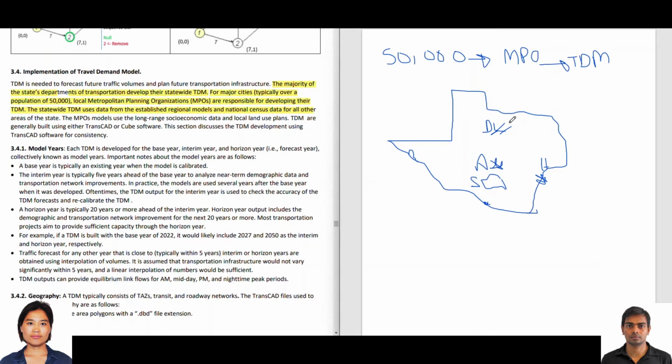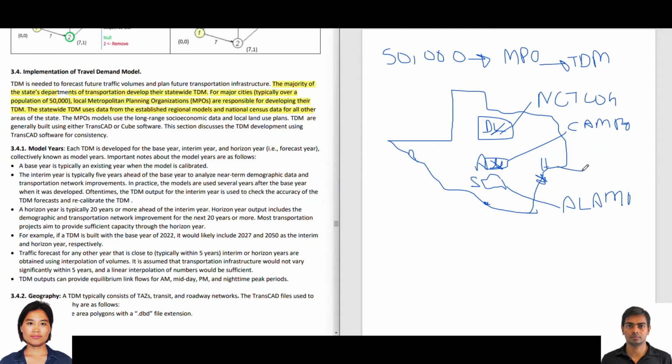So what happens is the MPO, which are for that specific metropolitan area. For example, for Austin, the MPO is called CAMPO. For San Antonio, I think it's called Alamo. For Dallas, I think it's called NCTCOG.